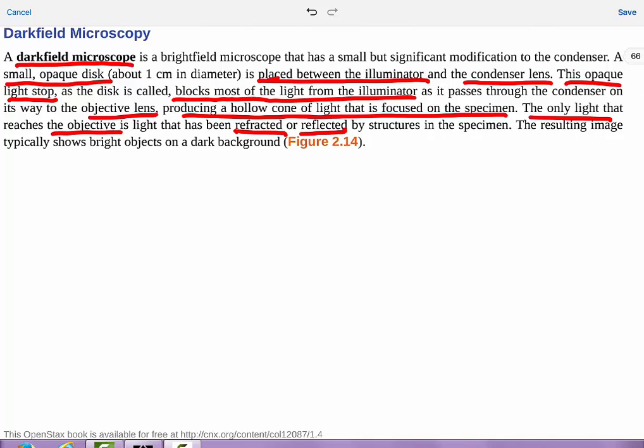That light is slightly bent toward the specimen and shines a tiny light on those things, and the light that is refracted or reflected by the structures in the specimen is what is seen. And so it ends up looking like the image shows bright objects on a dark background.